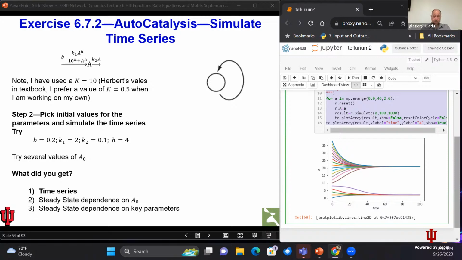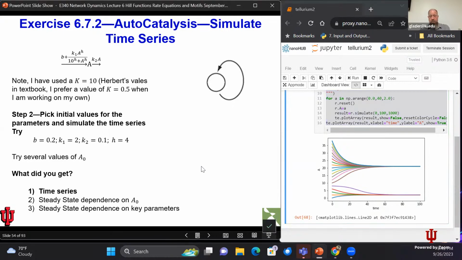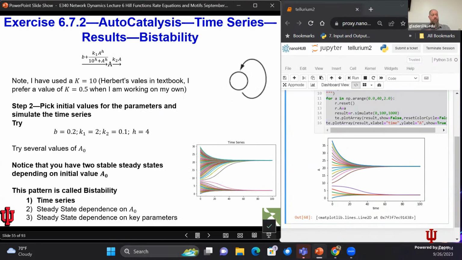A promotes the production of A. And what this tells us is that if the initial value of A is low, the value of A stays low. If the initial value of A is high, the value of A goes to a high value and stays there. And so this is called a bistable circuit. The final outcome depends on the initial value.